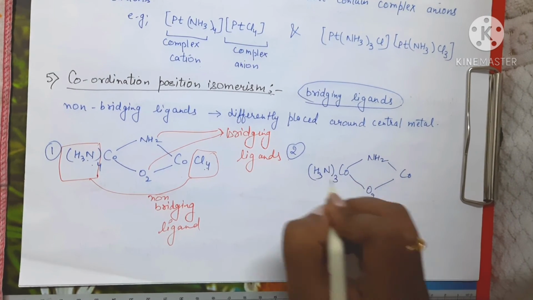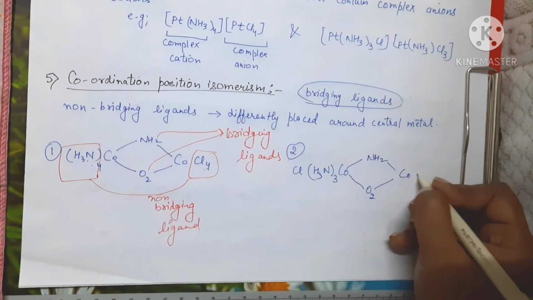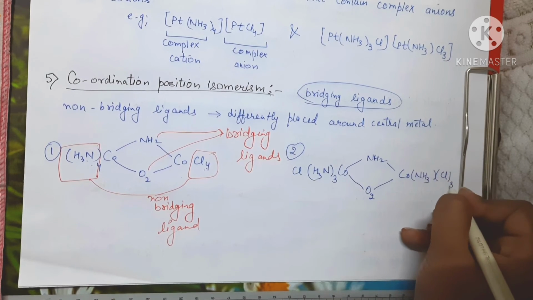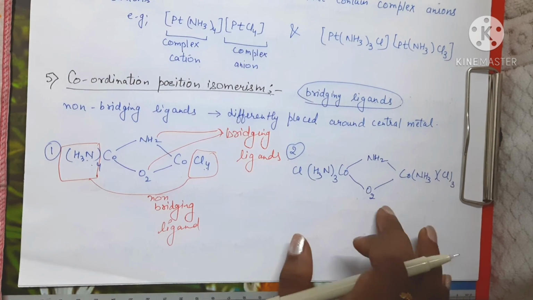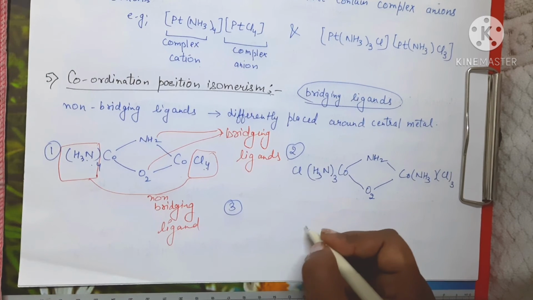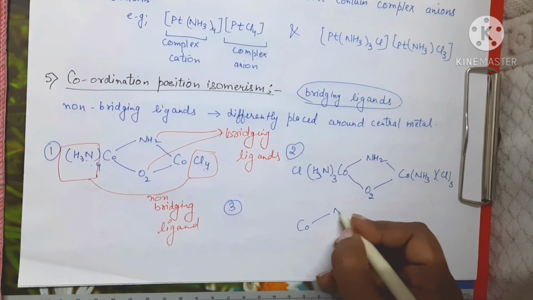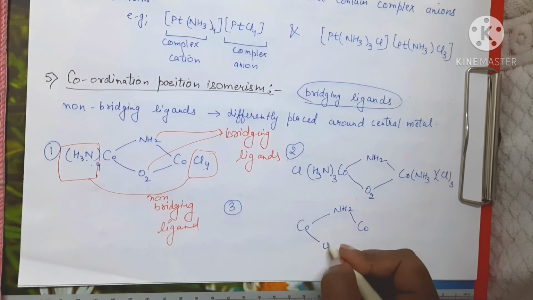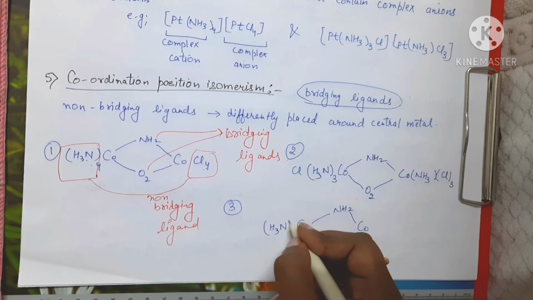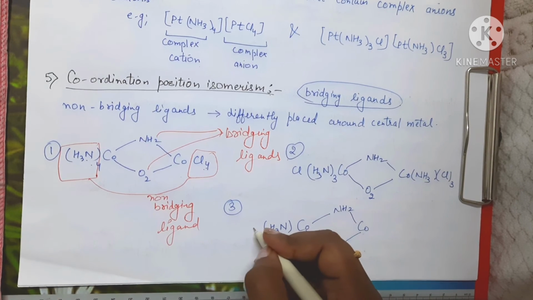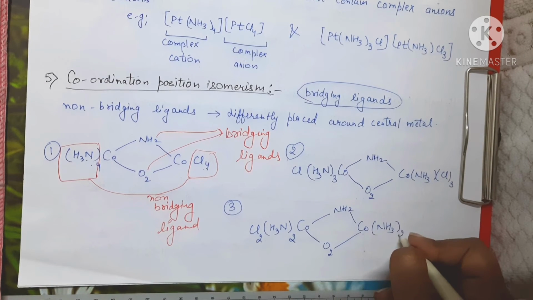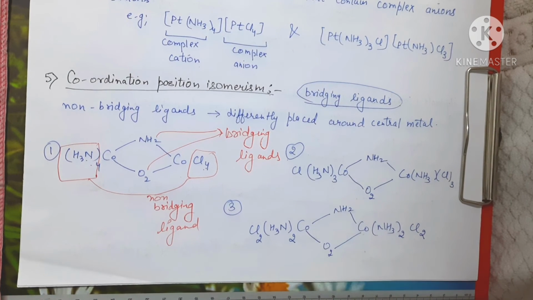Suppose (NH3)3Cl, 1 NH3 and 3 Cl. This is the second coordination position isomer. Also there can be a third one, cobalt, cobalt, same bridging ligands NH2, O2, and non-bridging ligands attached differently: NH3 2, Cl 2, here also ammonia 2 and Cl 2.